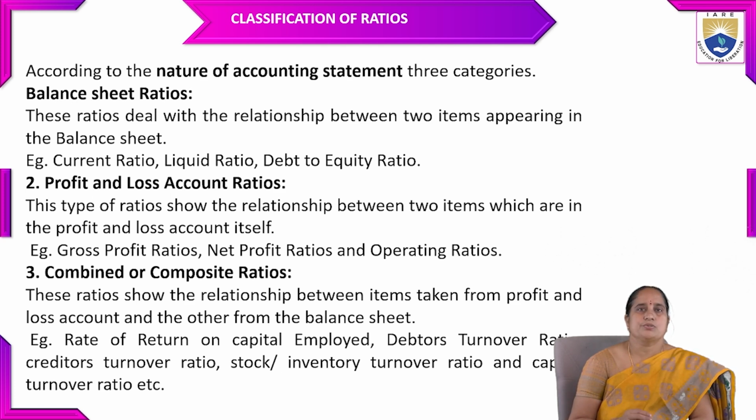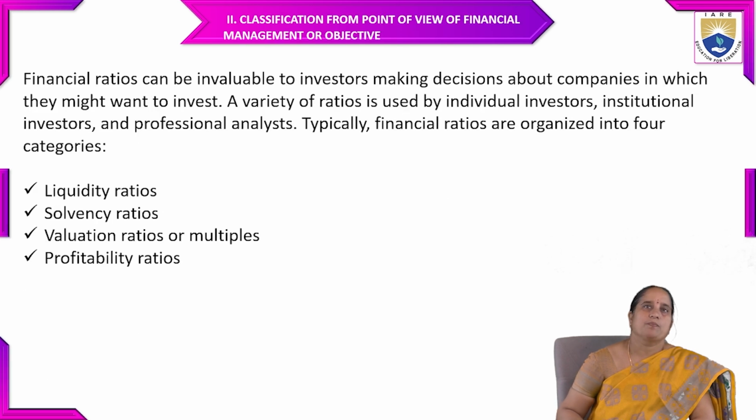So these ratios show the relationship between items taken from profit and loss account and the other from the balance sheet. Examples: rate of return on capital employed, debtors turnover ratio, creditors turnover ratio, stock or inventory turnover ratio, capital turnover ratio, etc. So that type of ratios are known as combined or composite ratios.